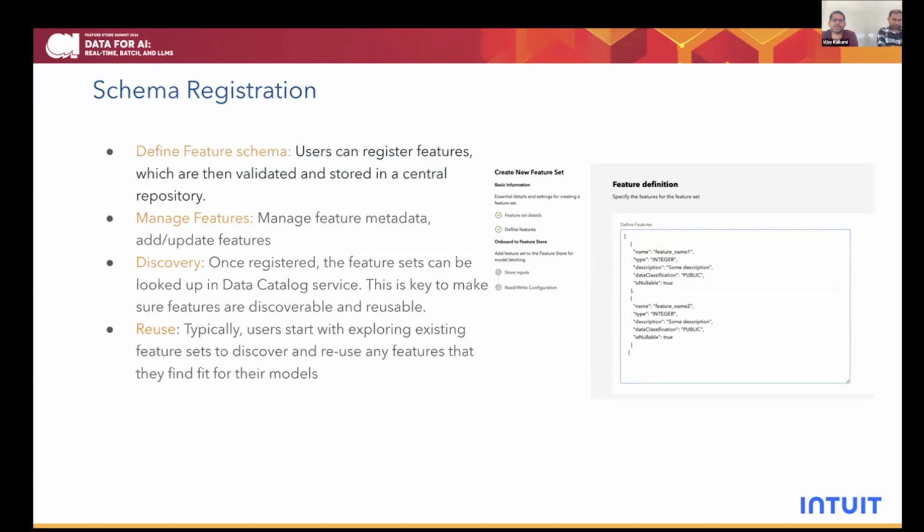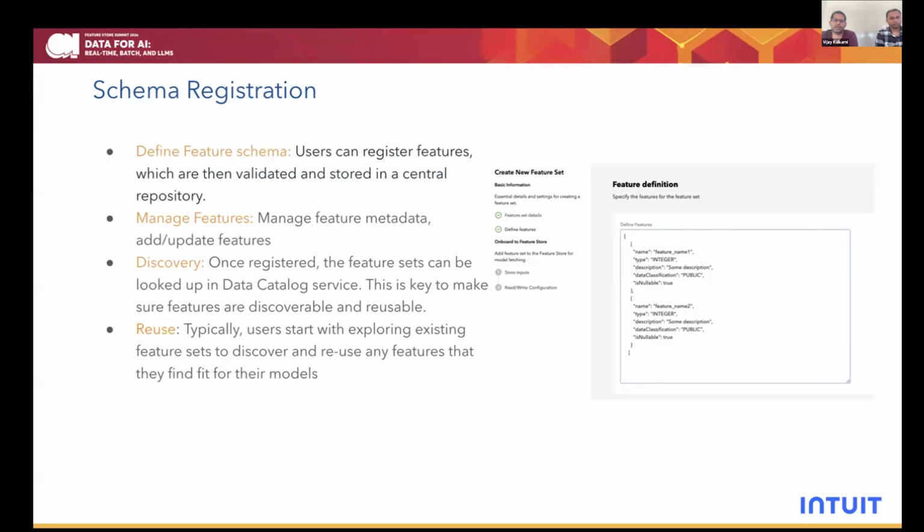Once we have collected everything and they start registering this feature, our backend services will validate this information. If it is good to go, then we store this metadata in a central repository.